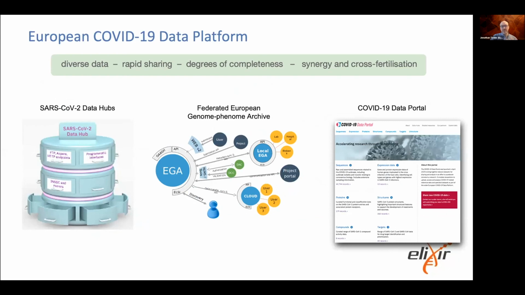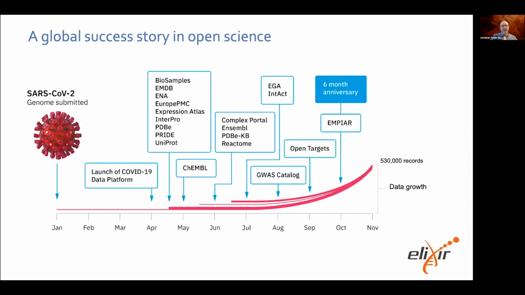And we ended up with this kind of data hub around SARS-CoV-2 that then, working alongside the Federated European Genome Archive, enables us to provide this COVID-19 data portal at the end there. And you can kind of see the success of that over the last year, starting in January.